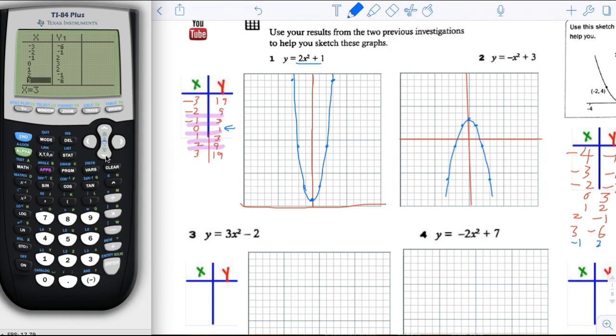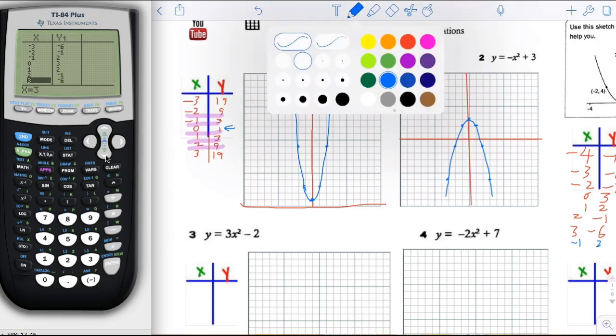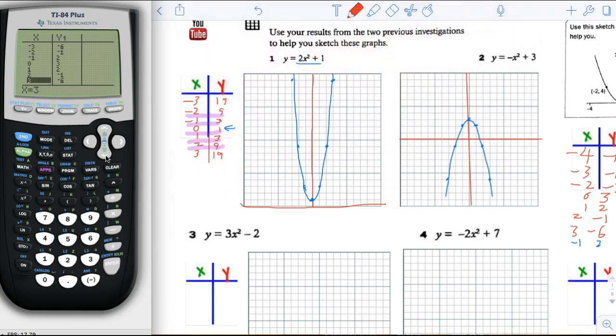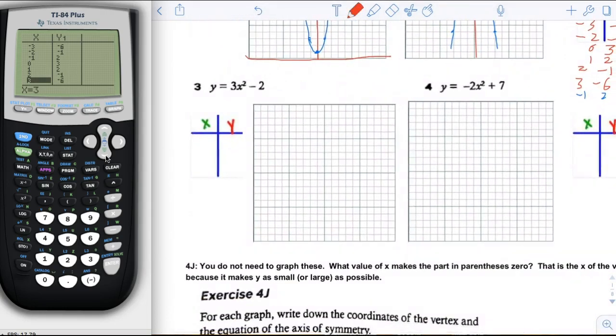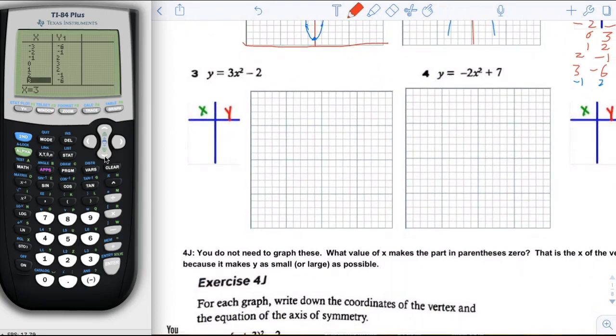We knew that the y-intercept would be 3 because we know that the c value here, the plus c value here, is going to be the y-intercept value. So there's many things that we learned in our investigation which could help us verify that we drew the right parabola, but there's no reason not to use the calculator as an aid to initially draw the graph.